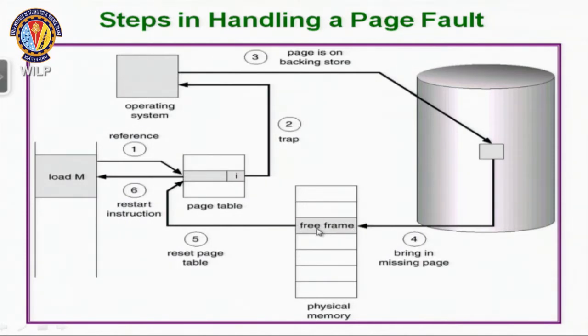It will find a free frame, generate the backing store address, and from there initiate the swapping operation from storage to the frame. In step number 4, you can see that the missing information is brought into the frame.